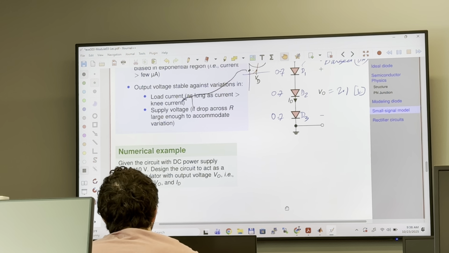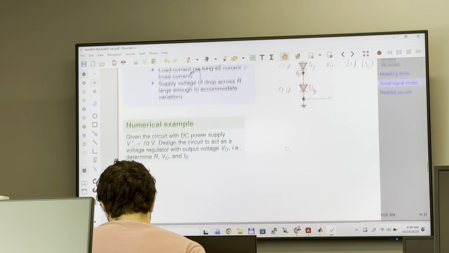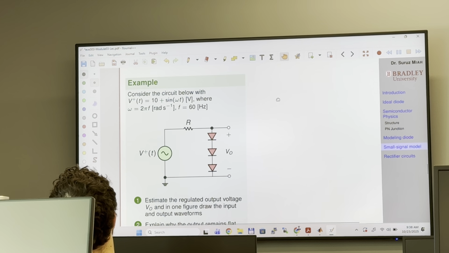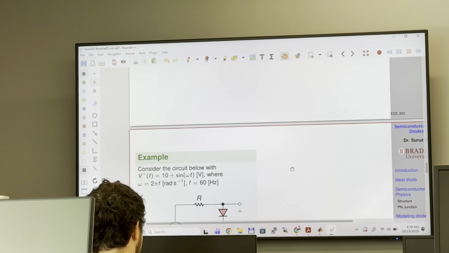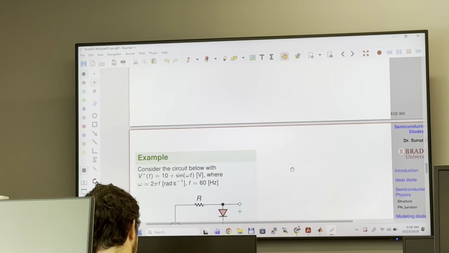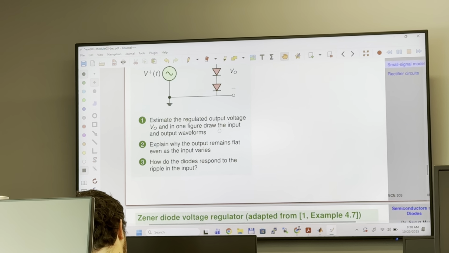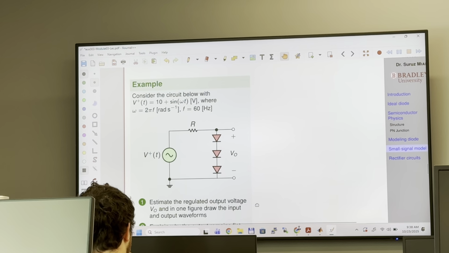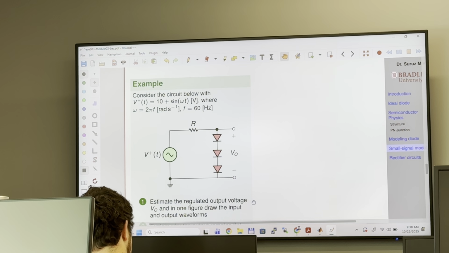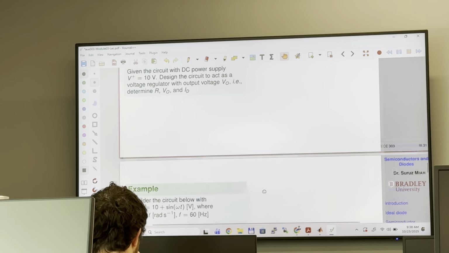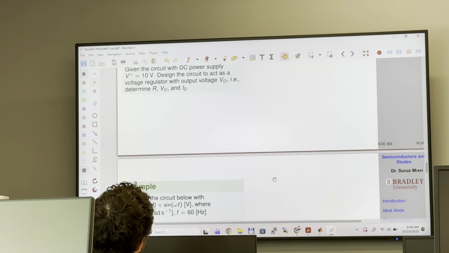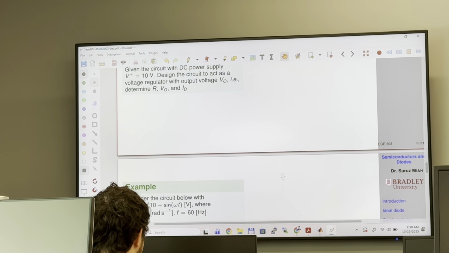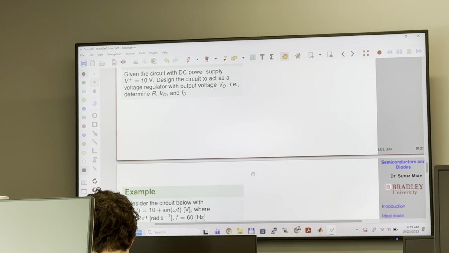So we go through a numerical example. In your version of the slides, guys, it's a different example, right? It should be example 4.6.